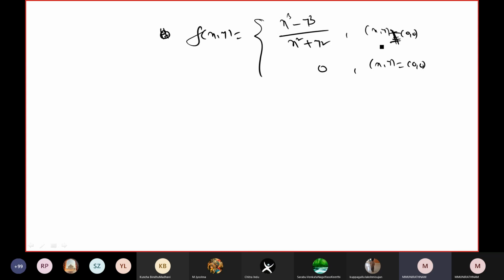Yes, please. Continuous, sir. Earlier we found it, we said 0. Whatever path you take, the limit is 0. So this is continuous. Okay na?